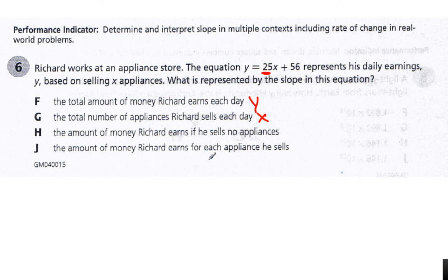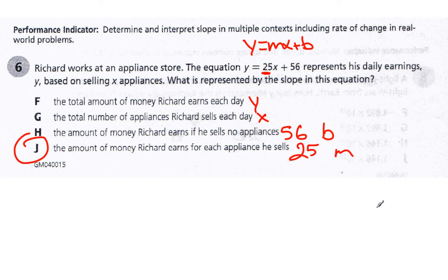So that is this 56, or B, if we wrote this out in y = mx + b slope intercept form. Which leaves just J, the amount of money he earns for each appliance, that is this rate of 25. So our answer is J. Okay, 25, this is m, the slope.